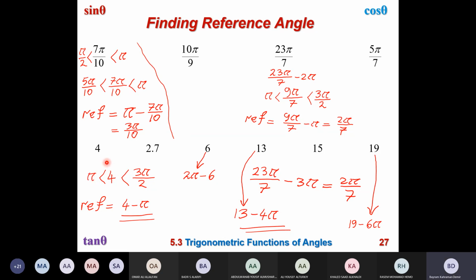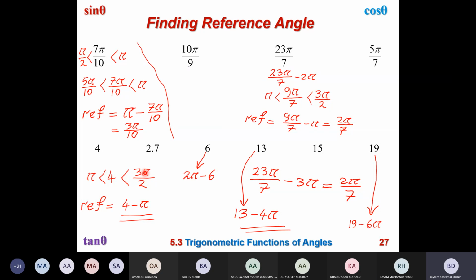All right, so 4 is greater than pi, but 4 is less than 3 pi over 2. Because how much is 3 pi? Can you tell me, guys? 1.5 multiplied by 3.14. 3 pi is around 9 point something, right?